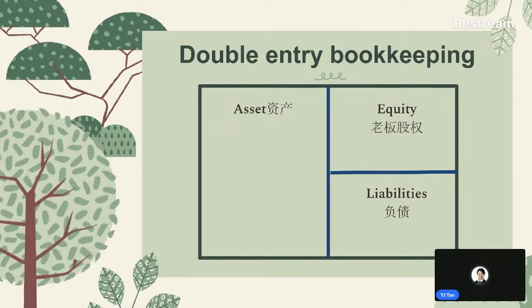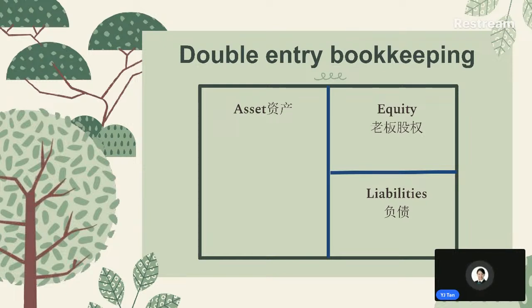First of all, for you to define and understand how you're going to enter double entry, these three elements are so critical for you to remember. One is asset, which is on your left. And then the other side is equity and liability, which is on your right.